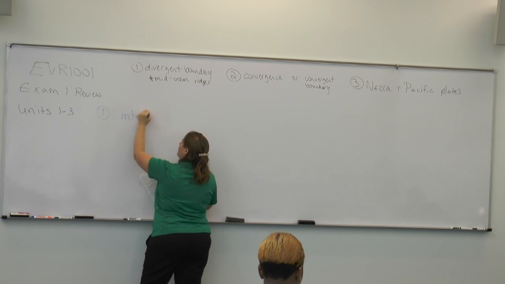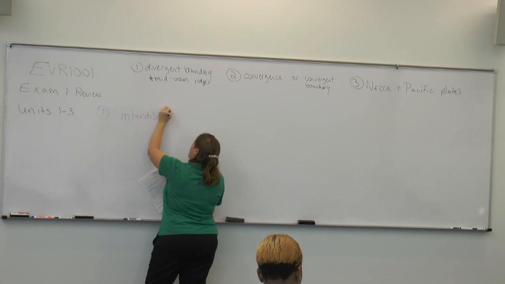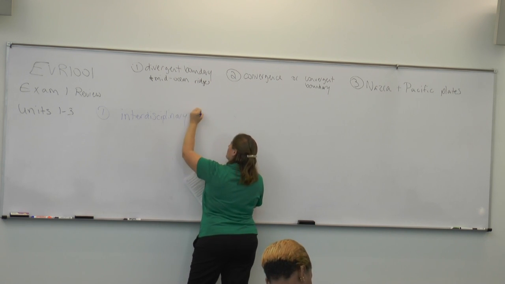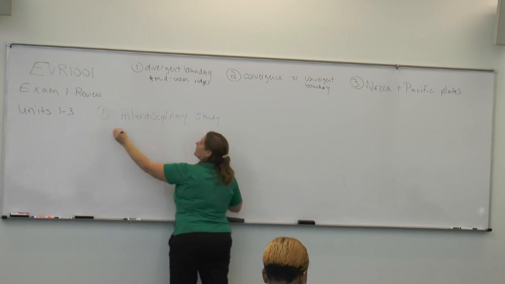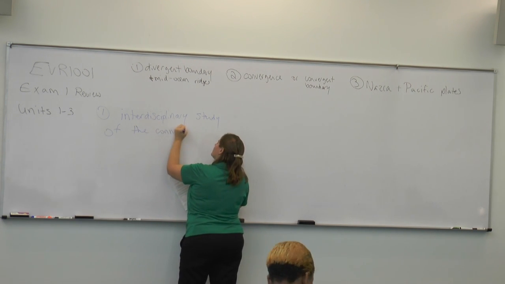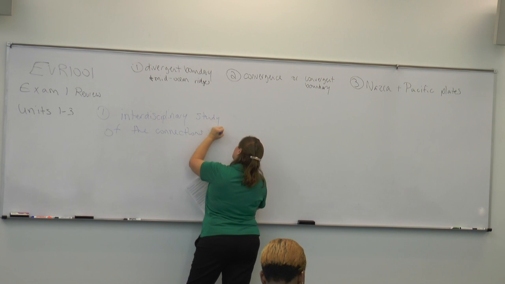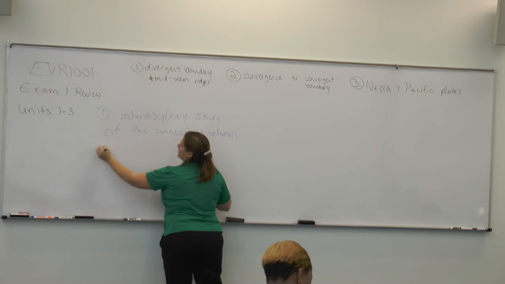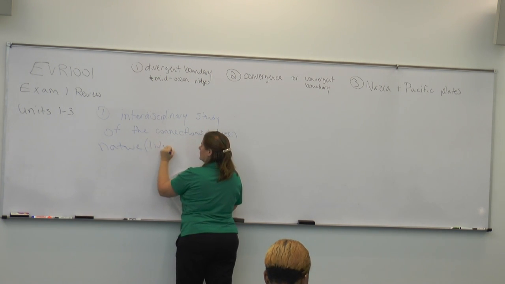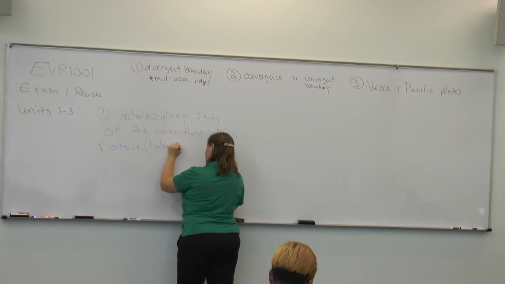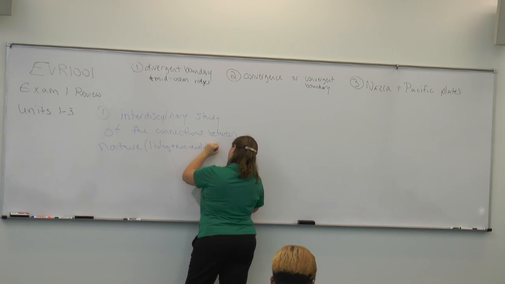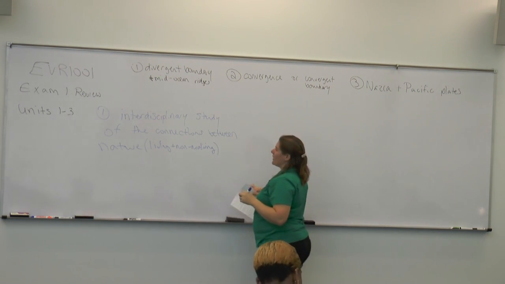So environmental science is defined as the interdisciplinary, that's key, study of the connections between nature, and that could be living and non-living components, as well as what?